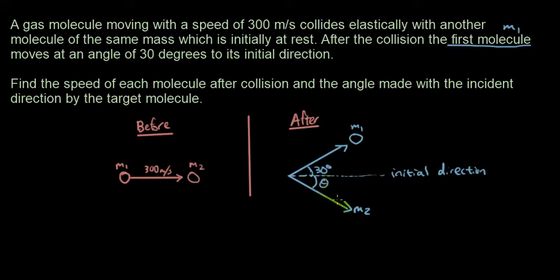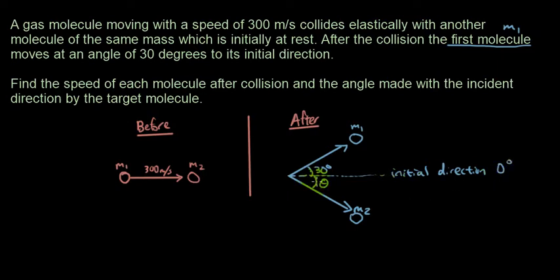I have no idea what theta is, but I know that M1 collides into M2, M1 then flies off in a direction of 30 degrees from its initial direction, and M2, we have no idea what direction it's going to move in, but let's say the initial direction is 0 degrees.